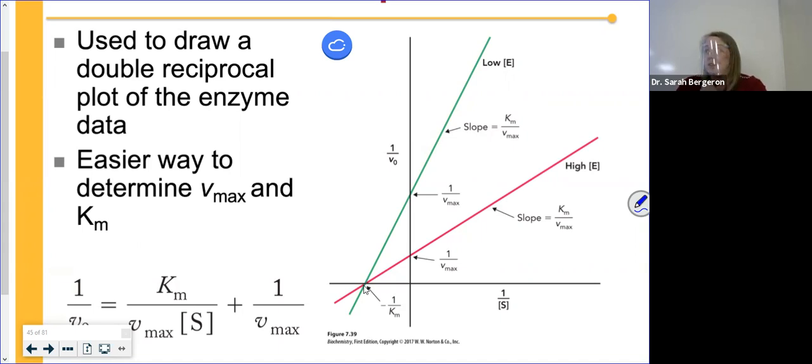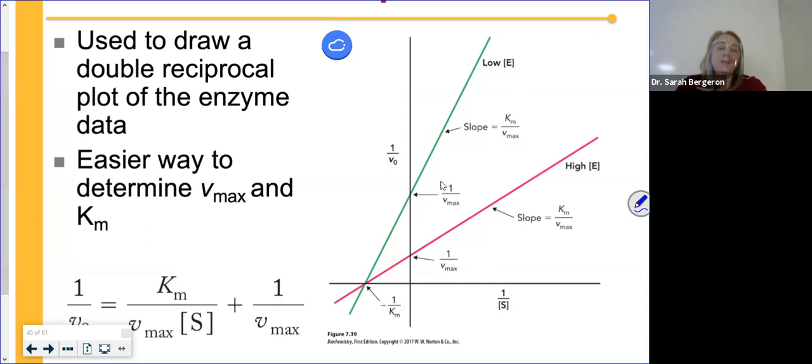But what's different? Their Vmaxes, where they cross the y-axis, okay? So you can see as we change concentration of enzyme, because it's the same enzyme, our Km is constant, but as we increase enzyme, our Vmax changes, right? And so look here, we're going from low to high because this is the reciprocal. So it should be lower on the y-axis. So just kind of keep that in mind.